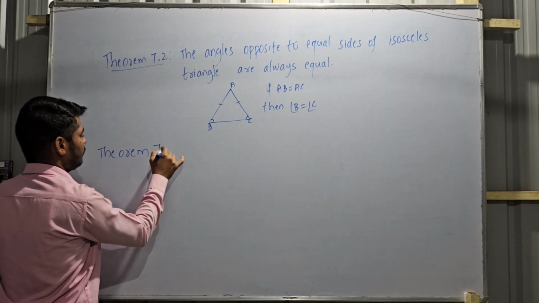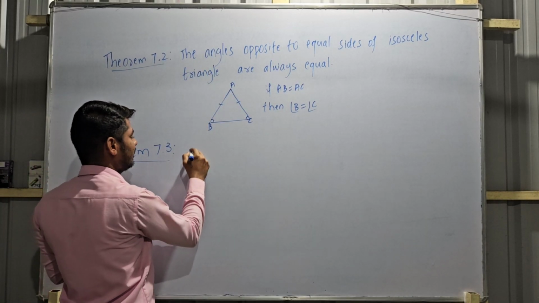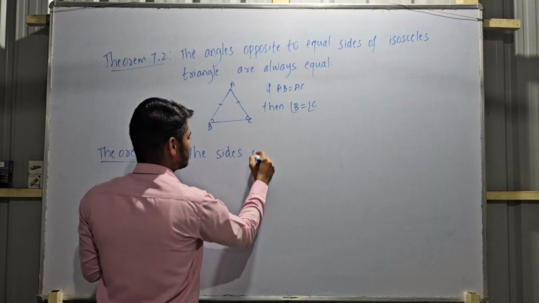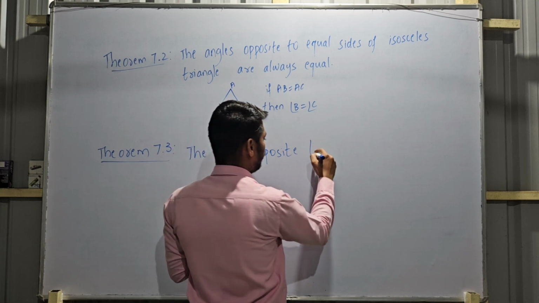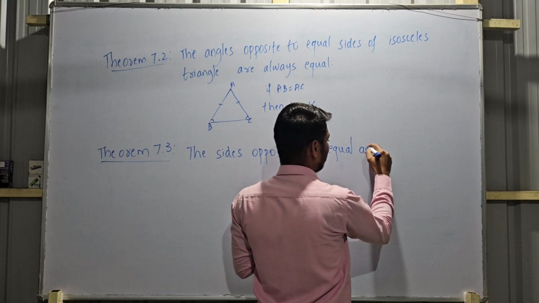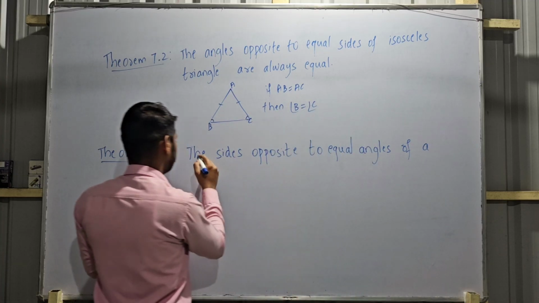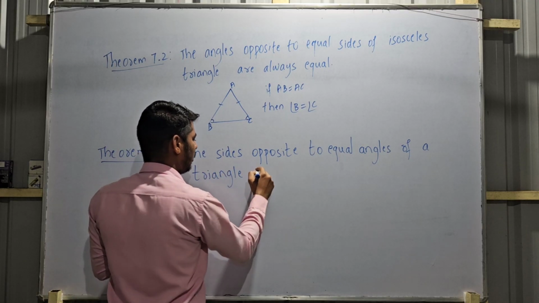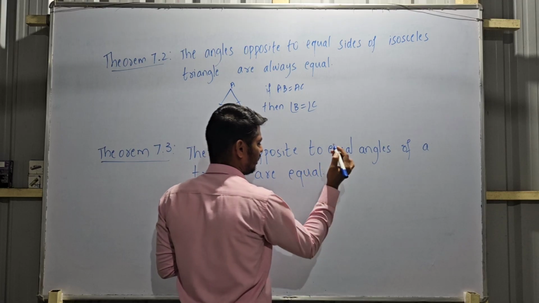Theorem 7.3, what it states means the reverse. That means the sides opposite to equal angles of a triangle are equal, right?